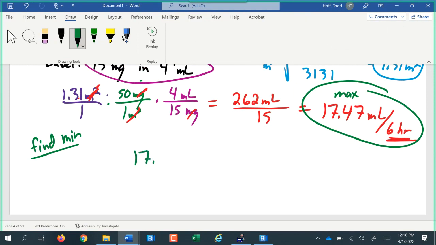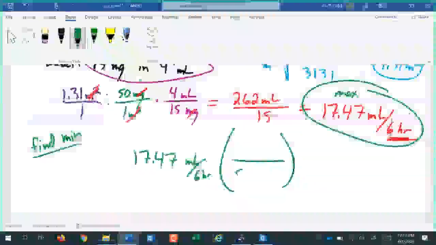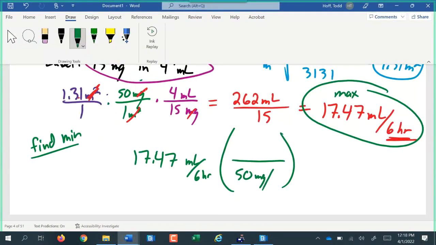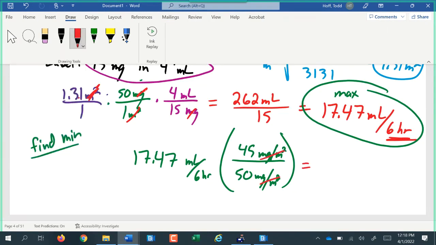So we take that 17.47 milliliters every 6 hours, and we're going to titrate it. That one came from the 50 milligrams per meter squared. We want to change it to the 45 milligrams per meter squared for the minimum. And of course, milligrams per meter squared cancels out.